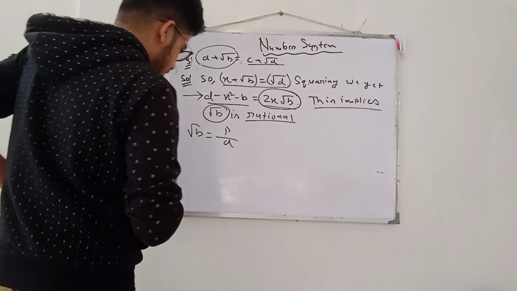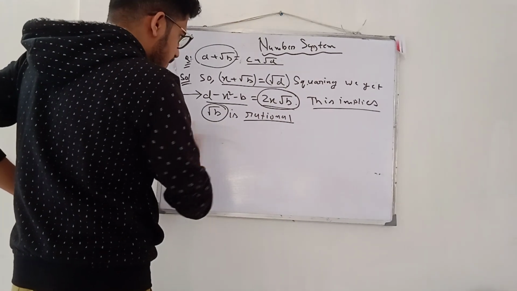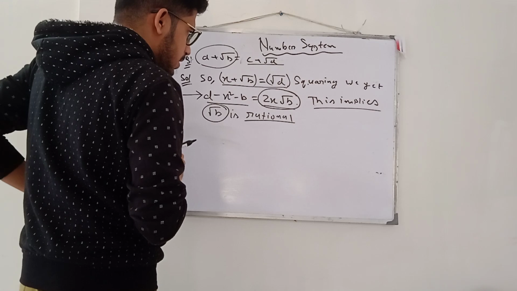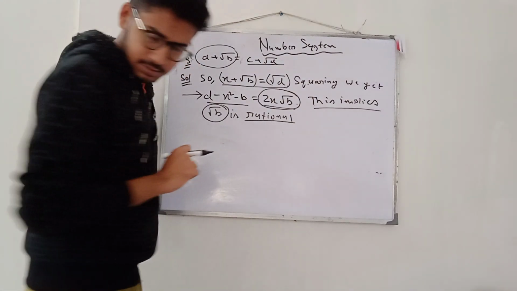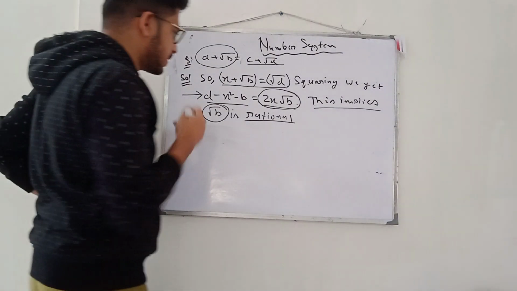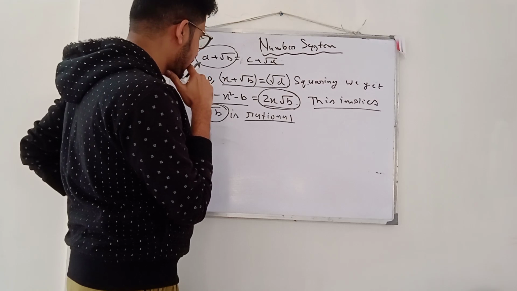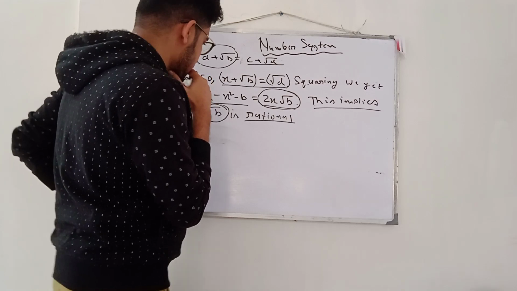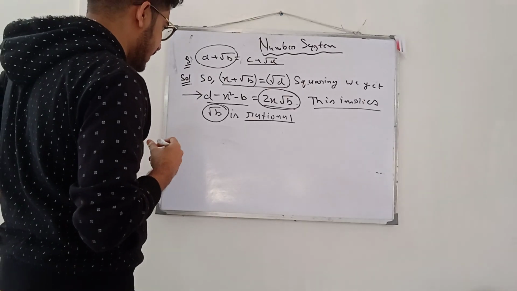Of course root b is rational. Is this 2x or 2 multiplies? No, this is 2x, but what's coming? We have to think, guys.